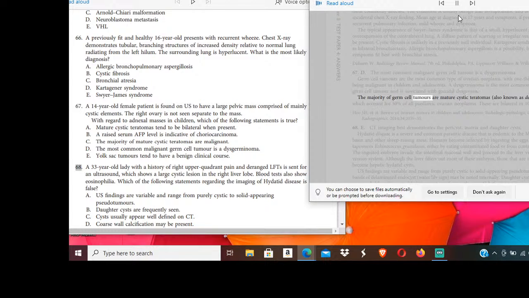The majority of germ cell tumors are mature cystic teratomas, also known as dermoid cysts, which account for 50% of all pediatric ovarian neoplasms.